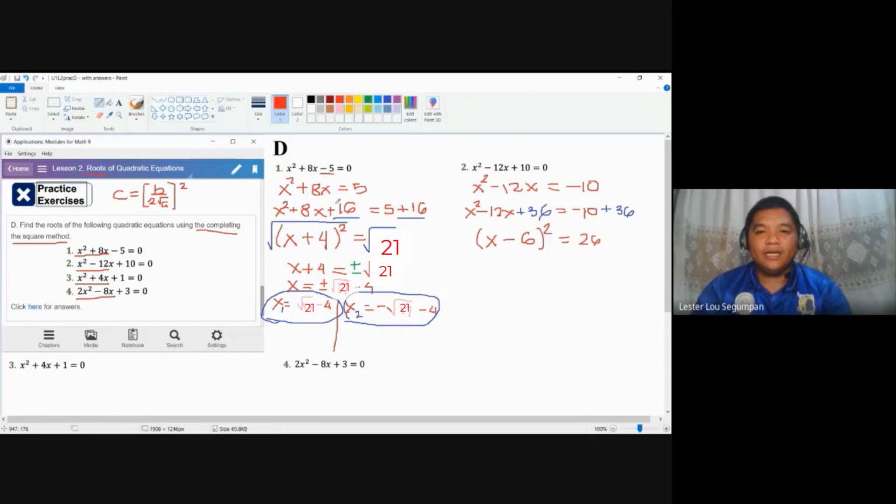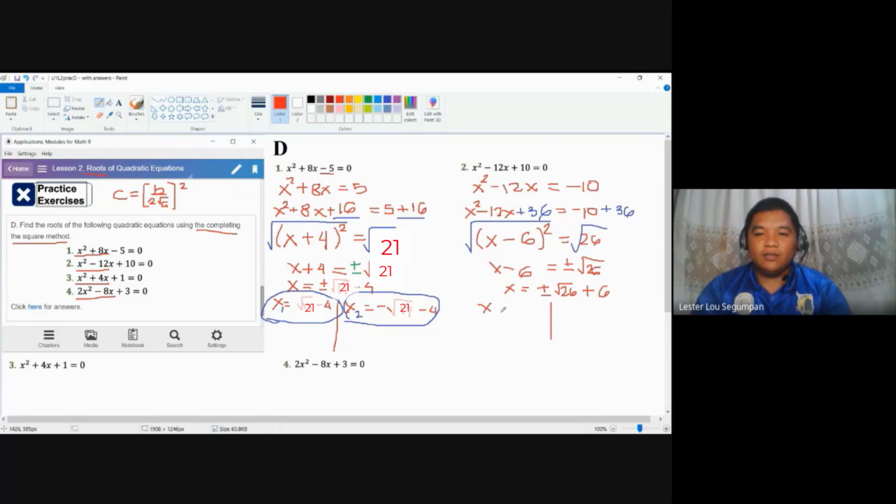And then from here, you will use the square roots method. You will have x minus 6 is equal to, again, positive and negative square root of 26. When you take the root of a number, always consider the positive and negative. You just add both sides by 6. So you have positive and negative square root of 26 plus 6.